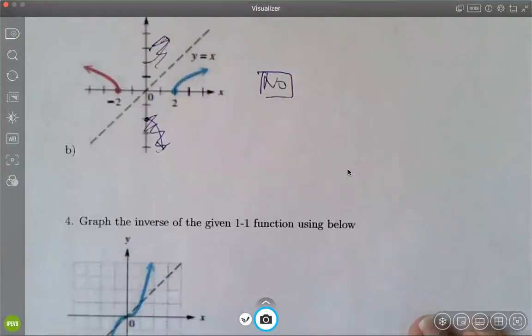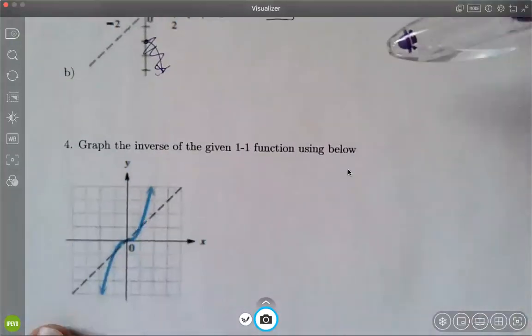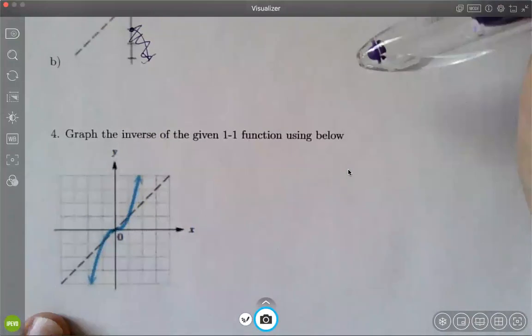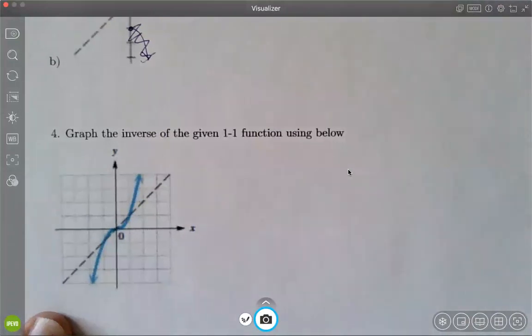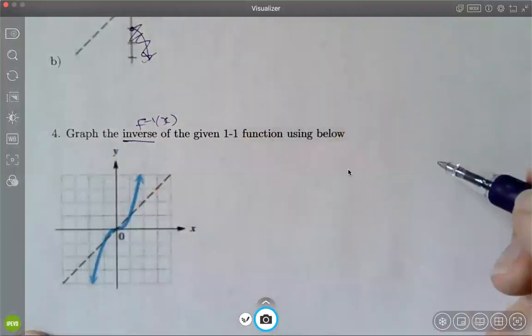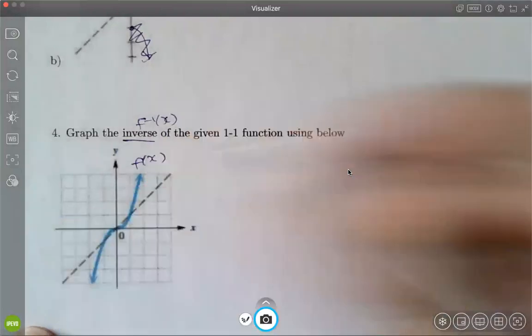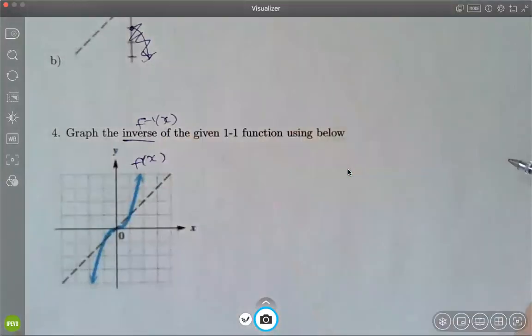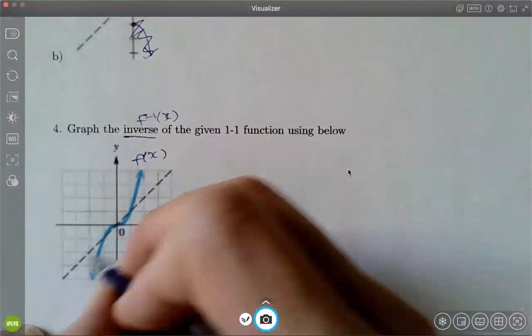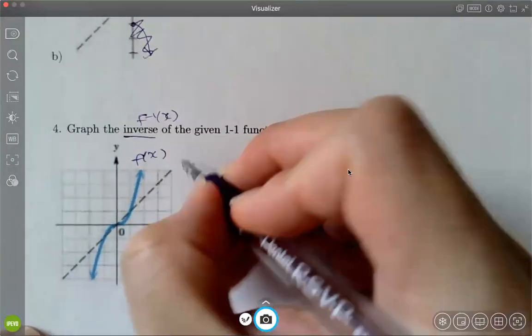Okay, so that's why that previous fact was important. Now, here is another application of that fact. Graph f inverse, which is the inverse, of the given one-to-one function below. Okay, so what does that mean? This blue graph is f of x. And now, how can we graph f inverse using this dotted line? Have we seen this dotted line before? What does that mean? y equals x, right?